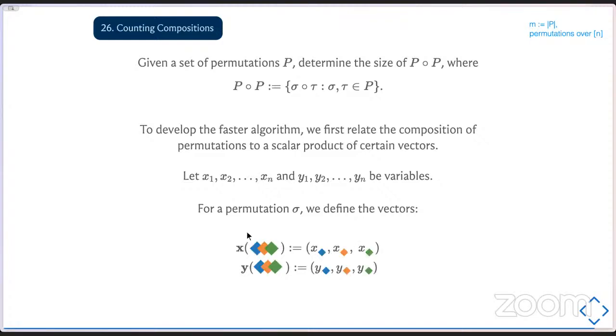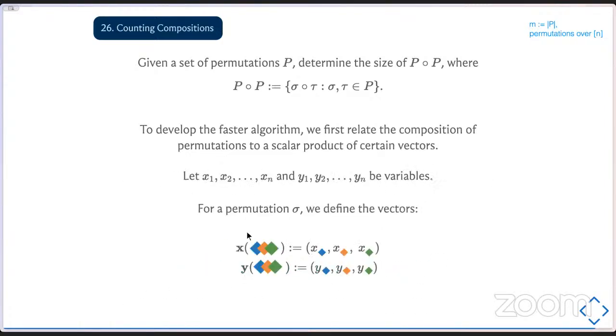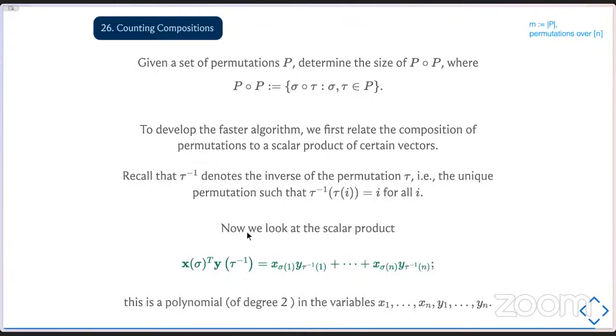I don't know if this example is useful, but this is colored indexing. I hope somewhere further down I have a more sensible example with actual numbers. But this is just setting up vectors associated with permutations. And tau inverse simply denotes the inverse permutation corresponding to tau.